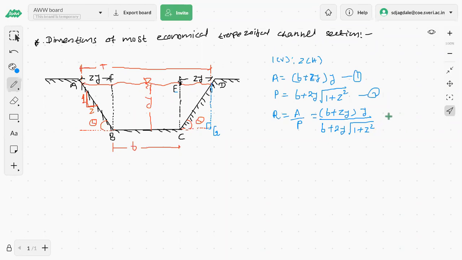So I would give it as equation number 3.